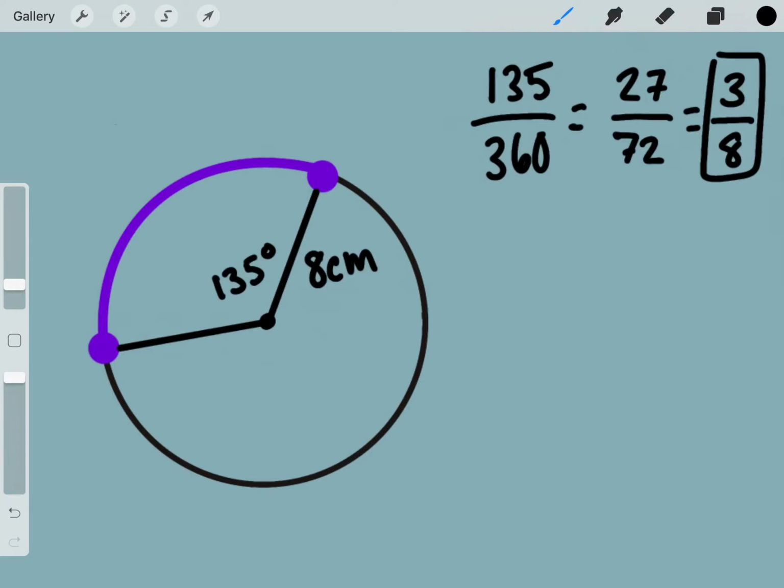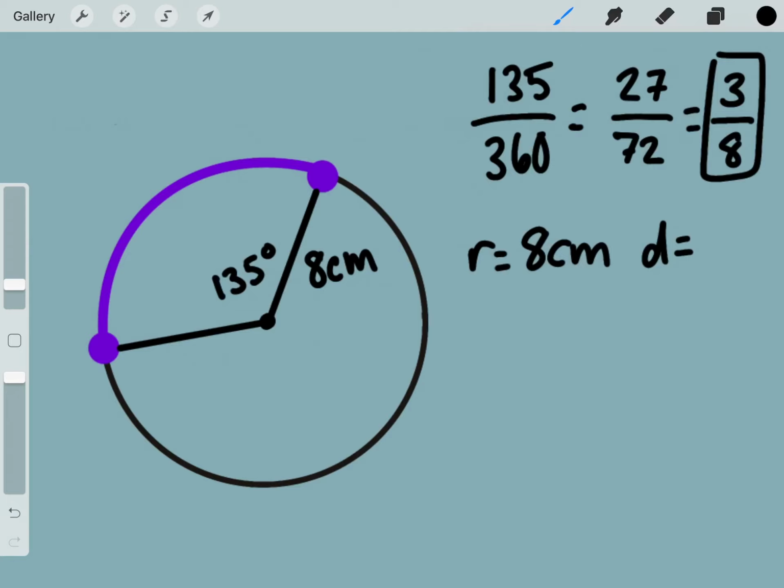Okay? Now that I know it's 3/8 of a circle, I can start doing the rest of solving for how long that arc is. So now I have to figure out what is my diameter. It's giving me a radius of 8 centimeters. My radius is 8 centimeters. What is my diameter?